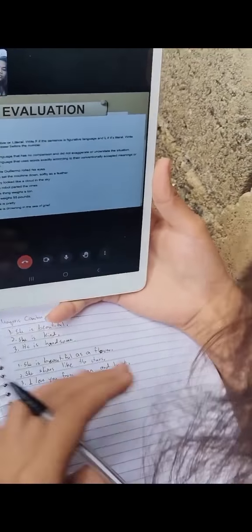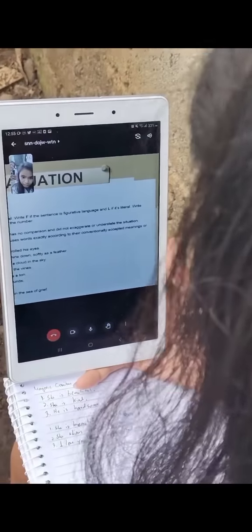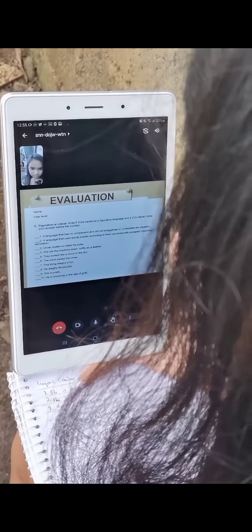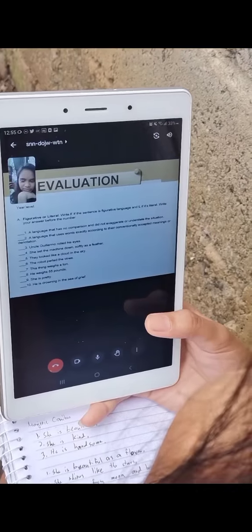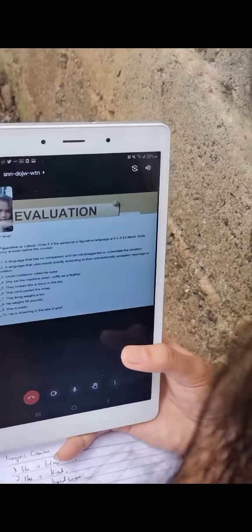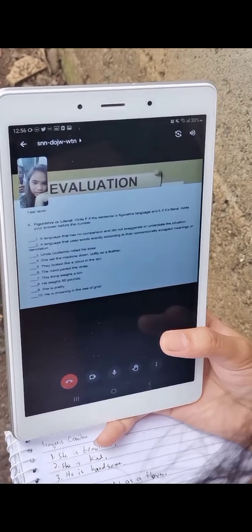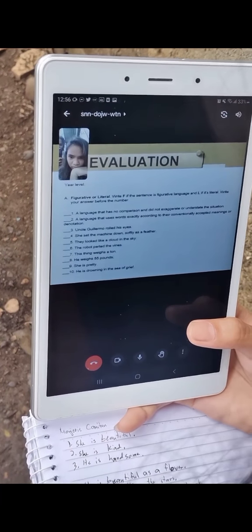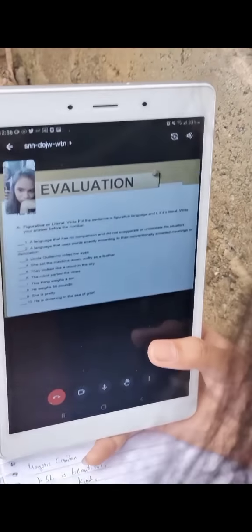Number 2. Kindly read. A language that uses words exactly according to their conventionally accepted meaning or denotation.